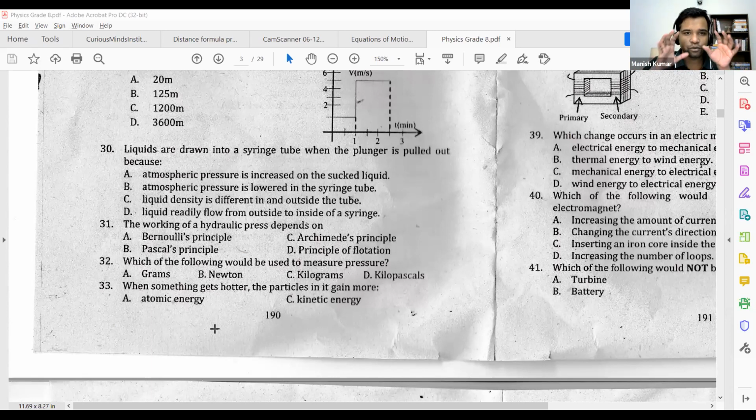Let's say I am pushing you with some energy, you will also gain some energy and push someone else with some energy. Similarly, when the molecules hit the cup, the material of the cup also starts to gain kinetic energy, and the cup becomes hot. When you pour hot water into a cup, the cup also becomes hot.